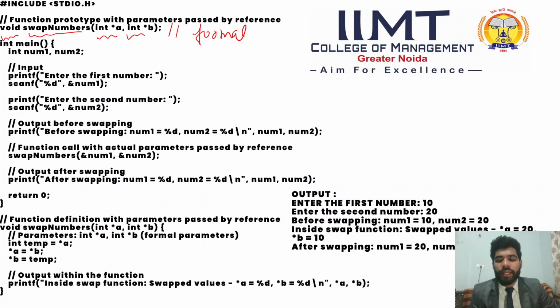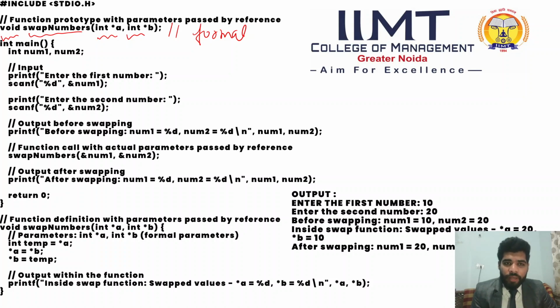But we have discussed in the call by reference method that memory addresses will be passed to the function. So memory addresses are stored by pointer variables. Memory addresses are not stored in normal variables. Memory addresses are stored in pointer variables. So we can store them, and we can access them also by their addresses.